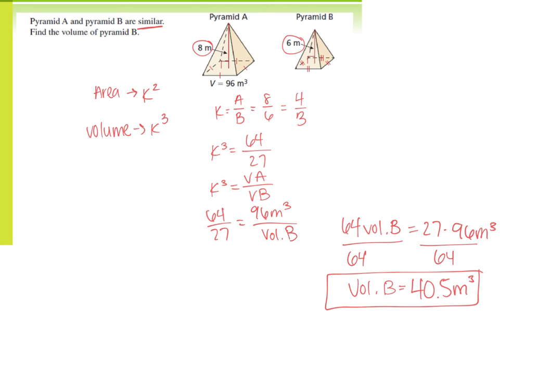I just divided both the numerator and the denominator by 2. Okay, so that's how I got 4 over 3. Does that make sense? Now, you could also cube 8 and cube 6 and get something larger in the numerator and something larger in the denominator. I simplified because it becomes easier numbers to deal with, but it's not going to change your answer. Good questions. Any other questions on this one?